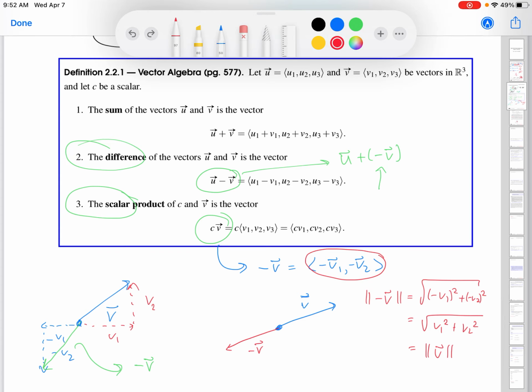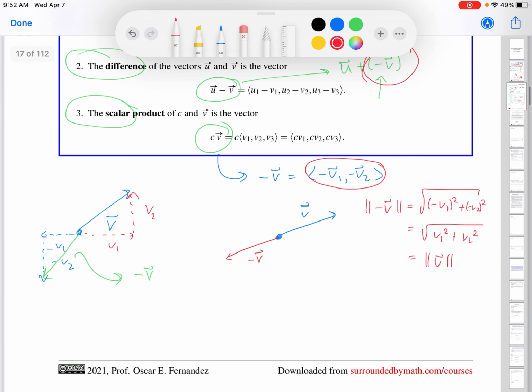Great, so now that we have a notion of what negative v is, we can talk about subtracting two vectors. Let's go back and use what we just talked about with adding two vectors to show visually how we would subtract two vectors. Here is my u and v. Let's say I want to subtract them. The first thing I would do is calculate or draw negative v. I know that that is the vector which points in the opposite direction of v, but doesn't change its length.